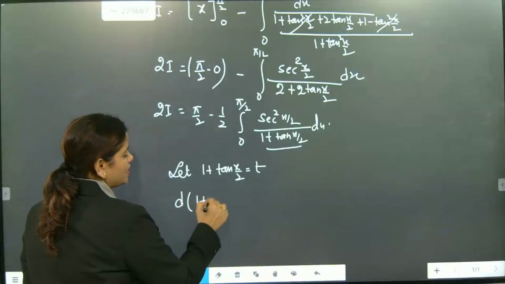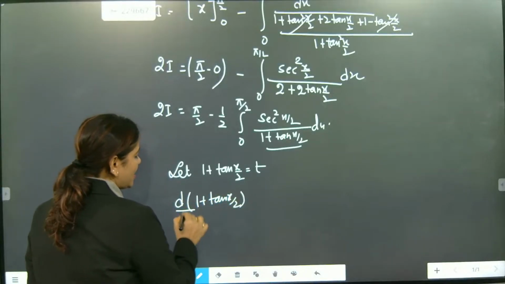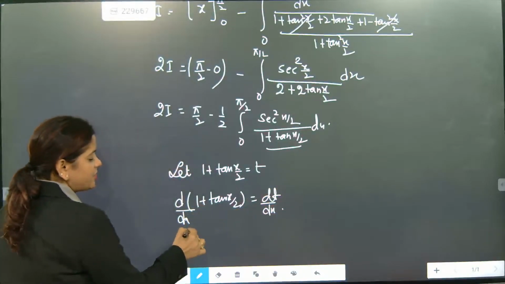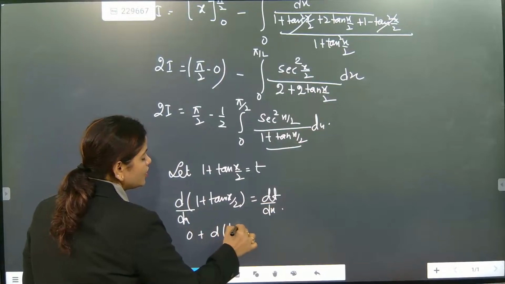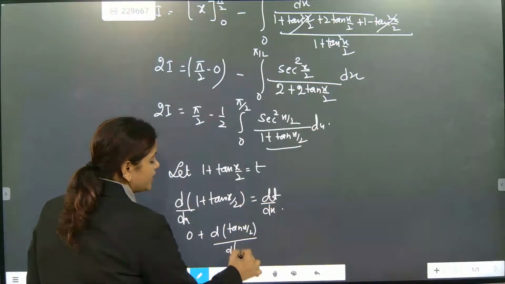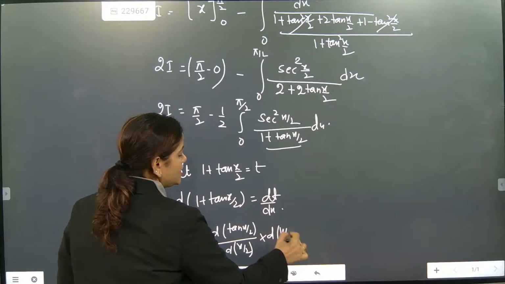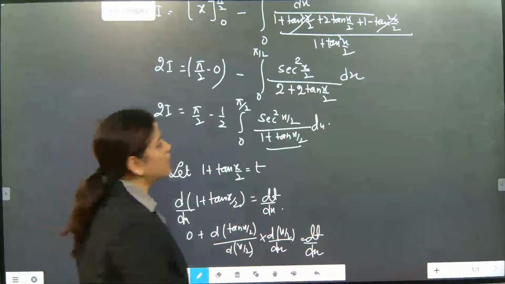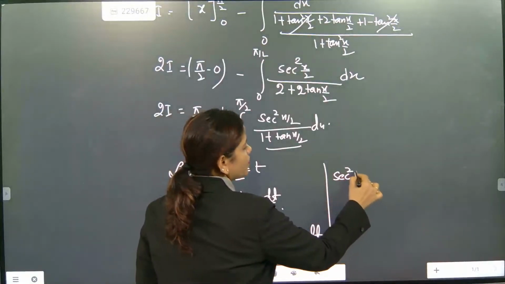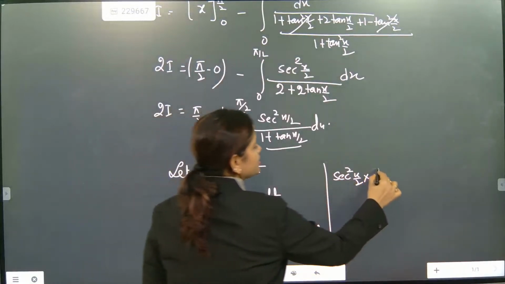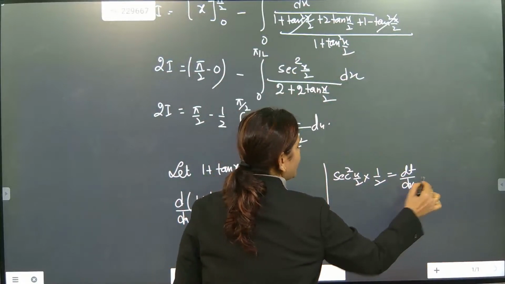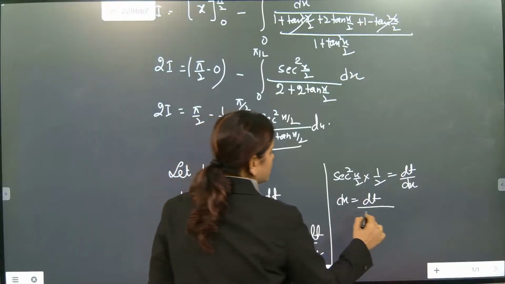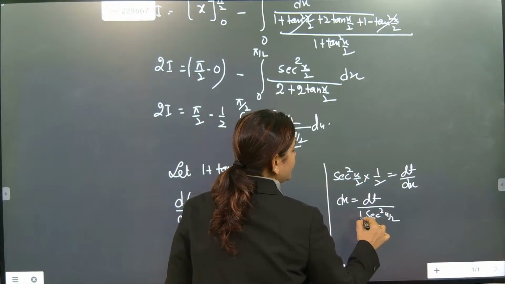Look here, you people have forgotten. See, listen, 1 plus tan x by 2, chain rule. The differentiation of 1 becomes 0. Now how do we apply the chain rule? For tan x by 2, the derivative of tan x by 2 is secant square x by 2, and the differentiation of x by 2 is 1 by 2, so dt by dx is secant square x by 2 into 1 by 2.